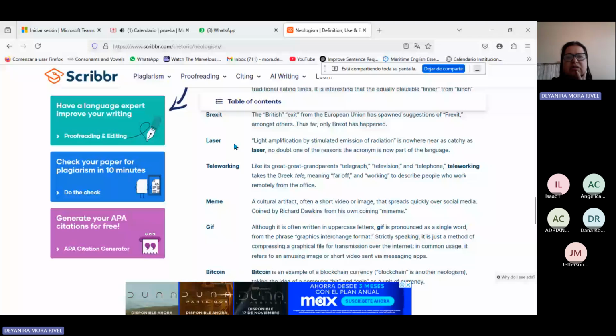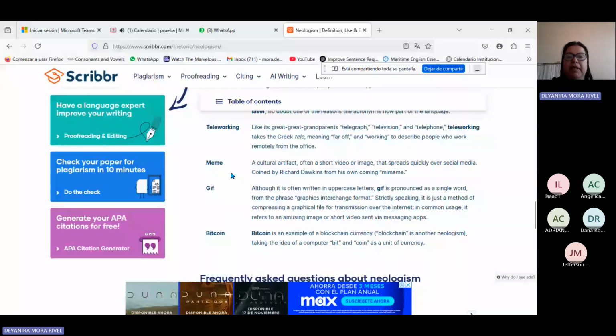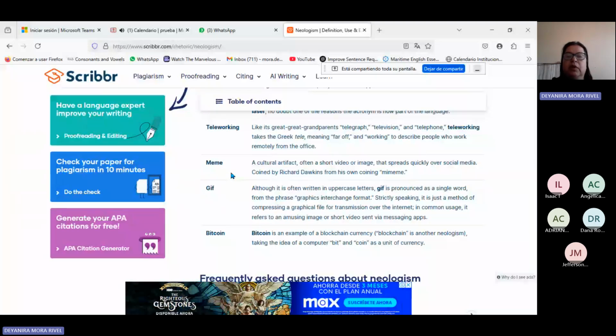Okay, a laser is an acronym. Teleworking, okay, this is especially new in the pandemic. A meme is something new that started with social media, right?